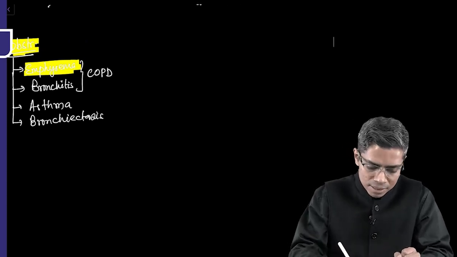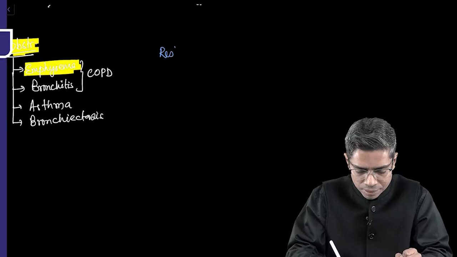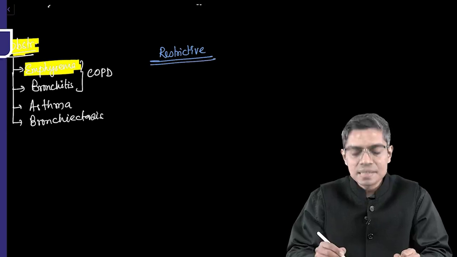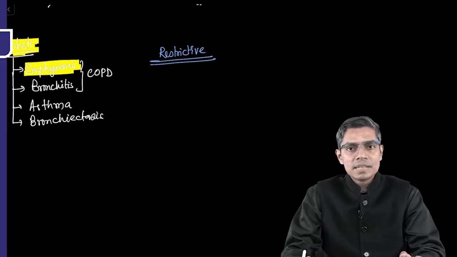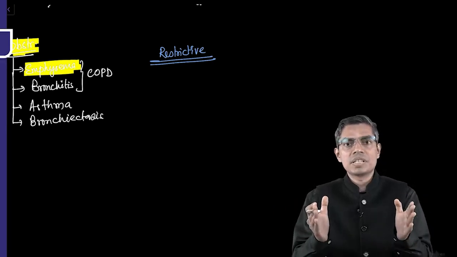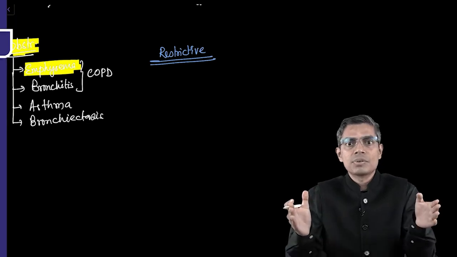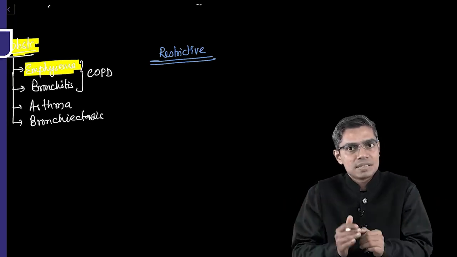Now if you look at restrictive disease of the lung, restrictive disease means restriction during inspiration. If you are trying to take a deep inspiration, there will be some kind of restriction which will not allow your lung to expand completely. That is a restrictive disease.